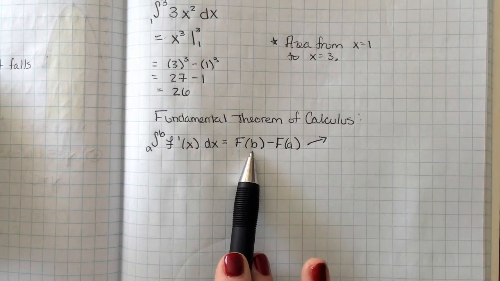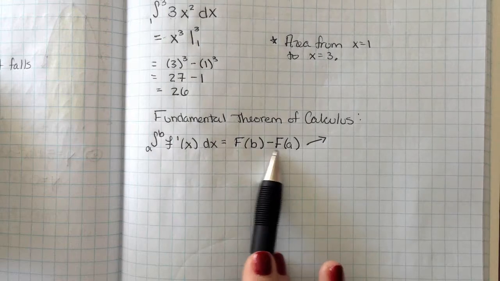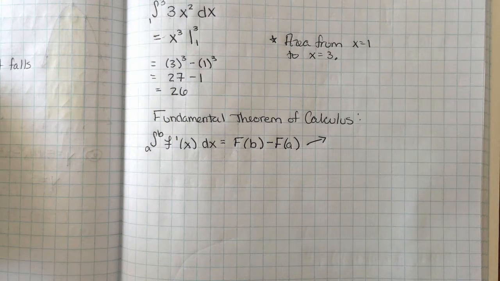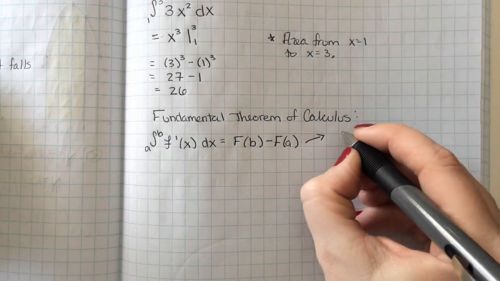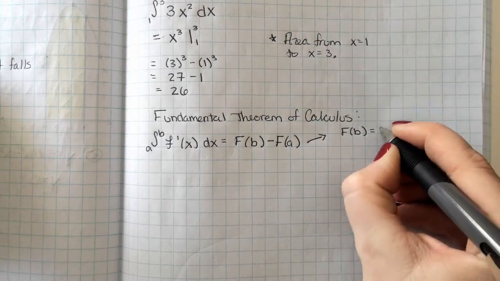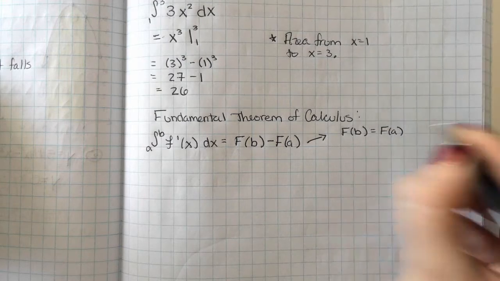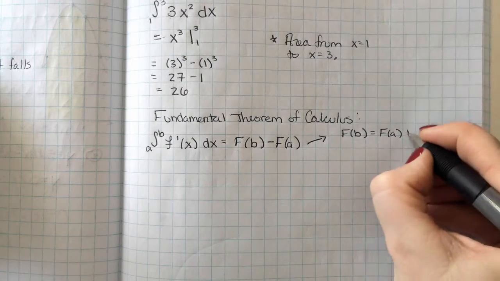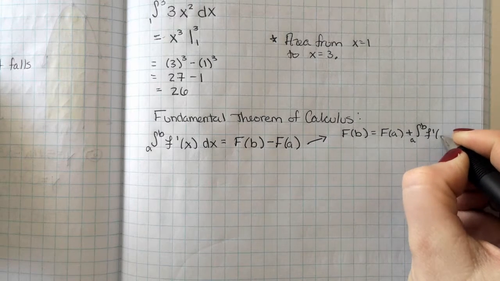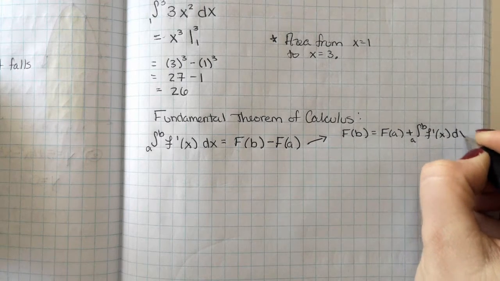What would I have to move? Yeah, I would take this F of a and add it to the other side. So F of b would be equal to uppercase F of a plus the integral from a to b of F prime of x dx.